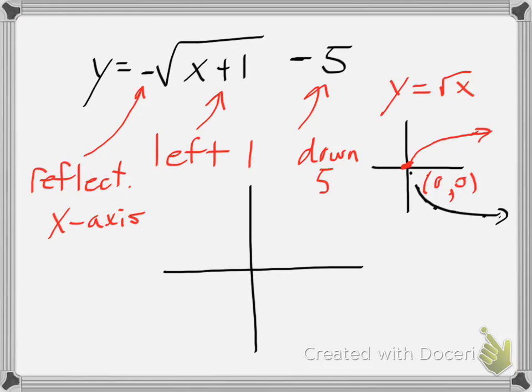Then, following my translations, I move left 1 unit and down 5. Since my original point was 0, 0, left 1 down 5 means this is now -1, -5. And has this shape here in black, so it looks something like this.